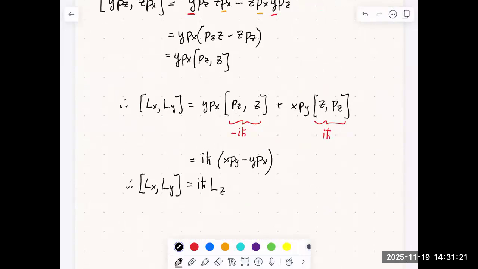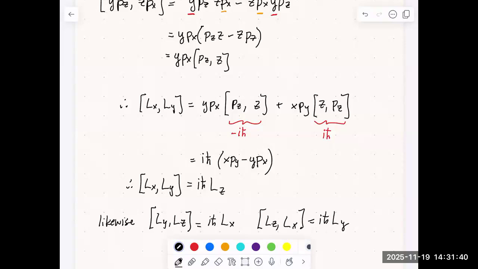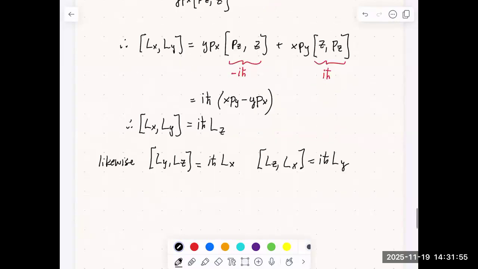Okay, you could do the same sort of trick with the other components. So if we did Ly and Lz, we would get i h bar Lx. If we did Lz, Lx, we would get i h bar Ly. These are relatively easy to remember because you just have to preserve the order of x, y, z. X, y, z. X, y, z. Okay. All right.